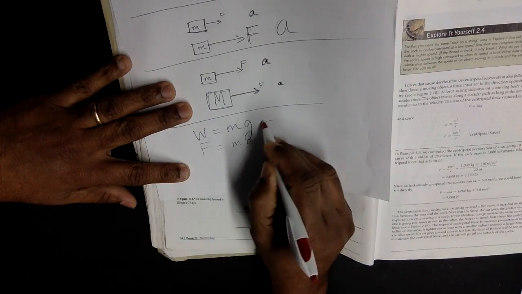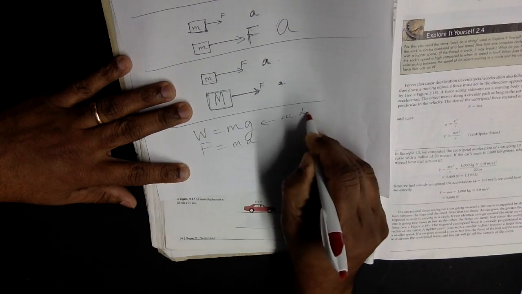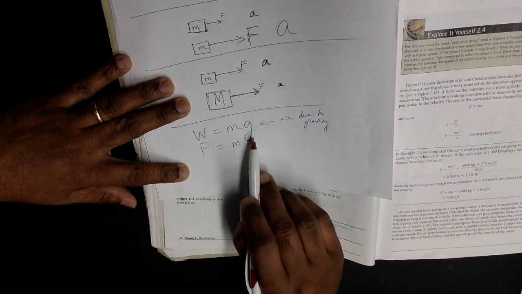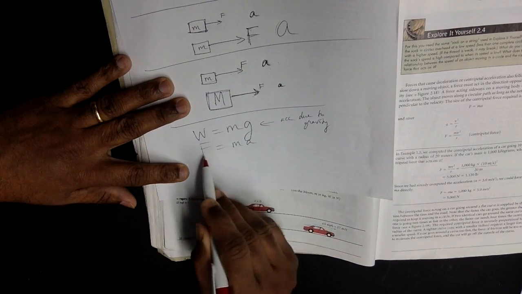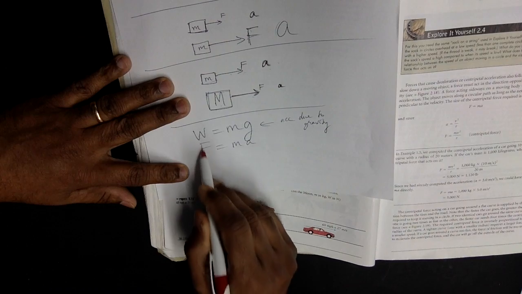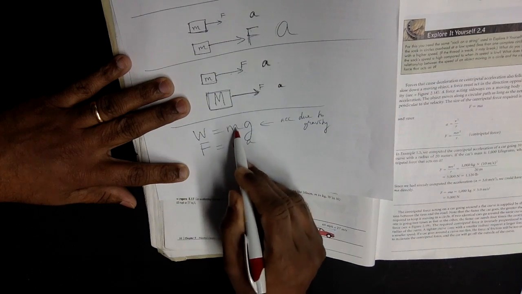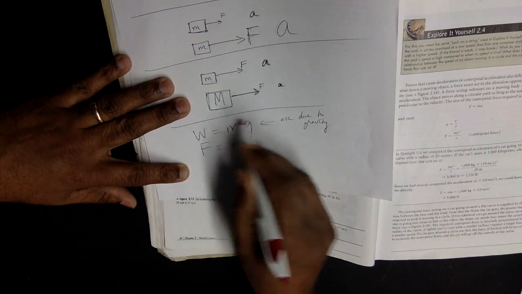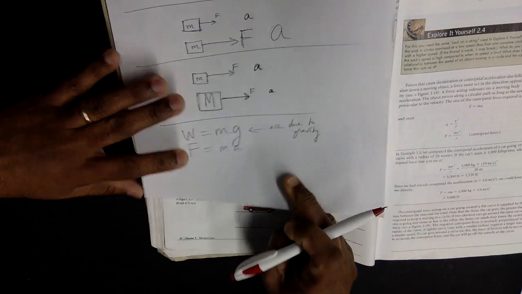We call this acceleration due to gravity. So you can see that this follows the same form: F is a force, m is the inertia, and there is an acceleration. So this is the equation that we use to describe the weight of an object.